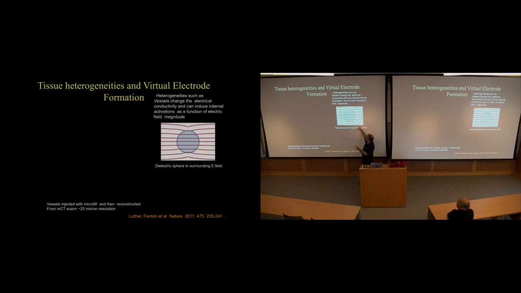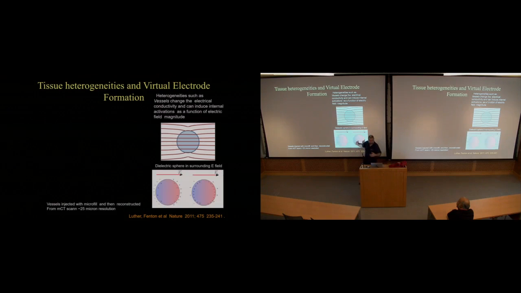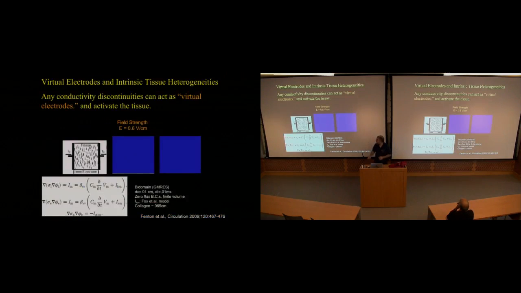So when you have an electric field, the field lines change, because it's just a different conductor. So you're going to put charge at the boundaries of these heterogeneities. Once you have charges at the boundaries, if the charges accumulate higher than the threshold, they can produce an activation inside the tissue. That's actually how defibrillation works. If you have a piece of tissue with a lot of heterogeneities and you put a shock, then you can excite within those heterogeneities. The current goes in and out, and it can actually produce an activation inside the tissue.